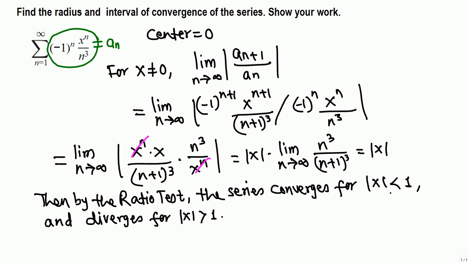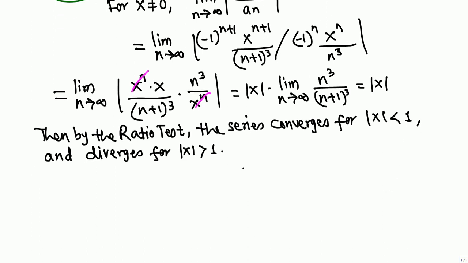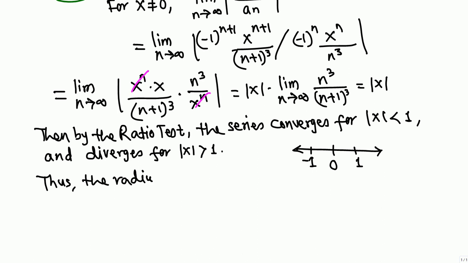That means this 1 is the radius of convergence. So basically we have this situation: real number line, center 0, radius 1, so up to 1 and down to negative 1. Thus the radius of convergence r equals 1.